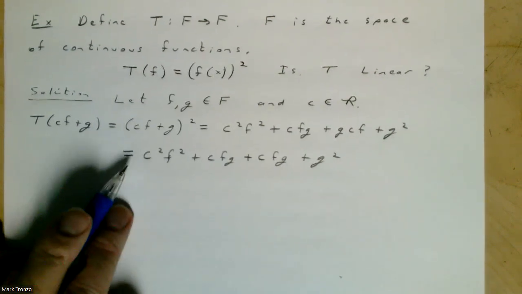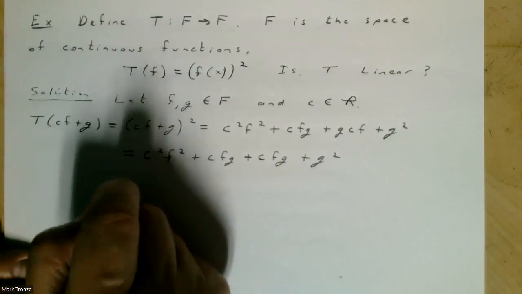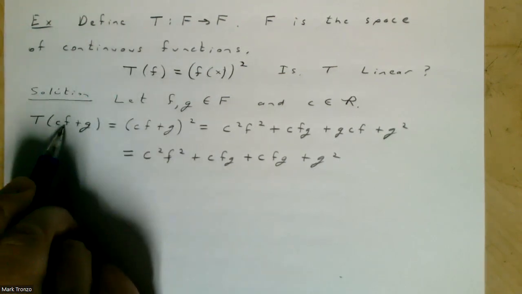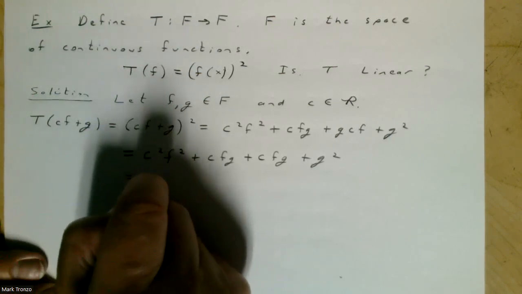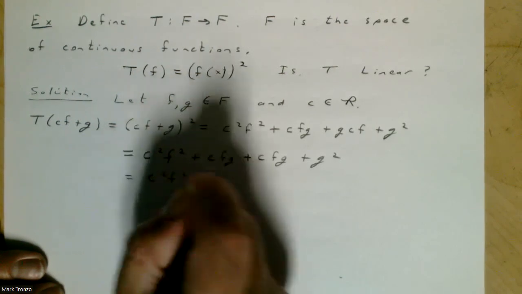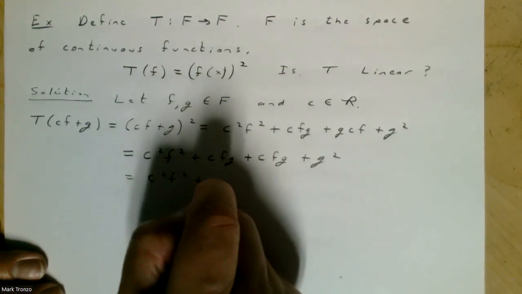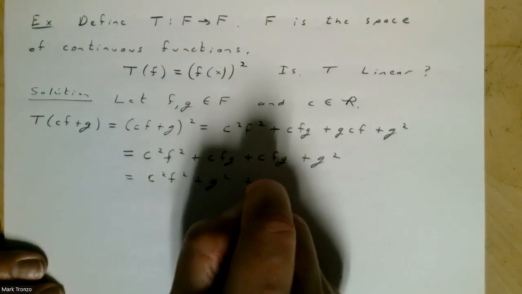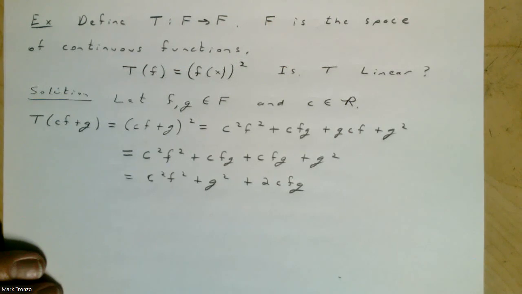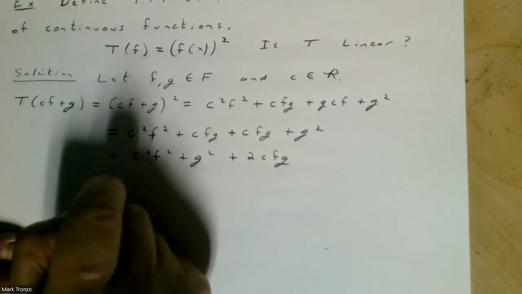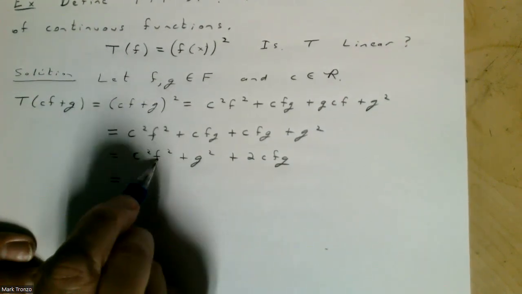And let's see if we can try to rearrange things a little bit. Remember, we want to get cTf. So let me just rearrange these. This is going to be f squared. This is going to be g squared. This is going to be 2cfg. And of course, what is this?